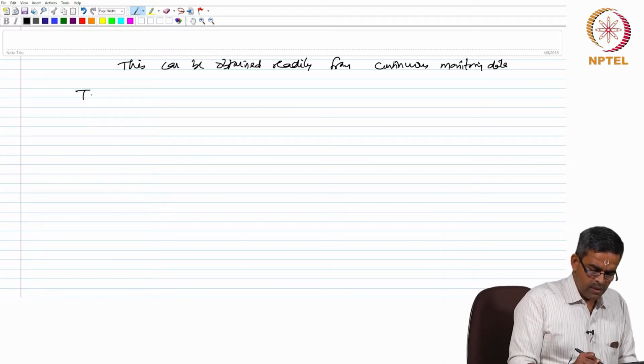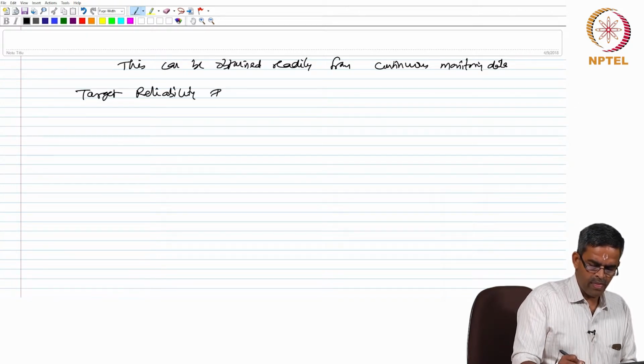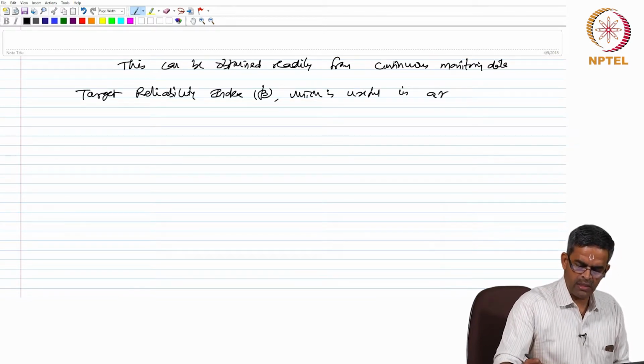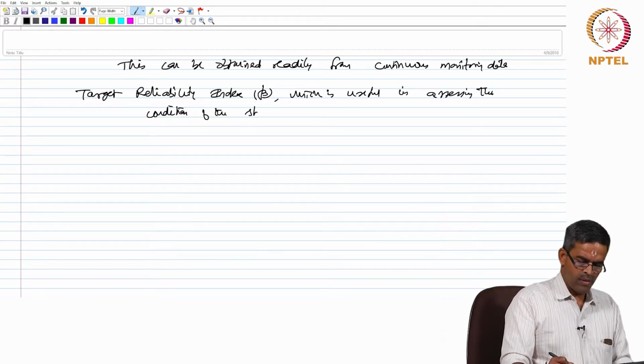Based on that, the target reliability index beta, which is useful in assessing the condition of the structure, is estimated.